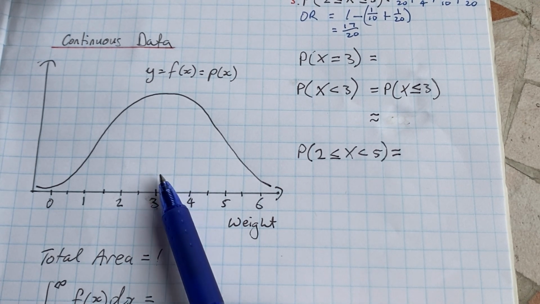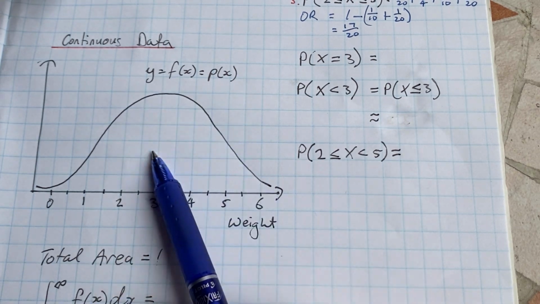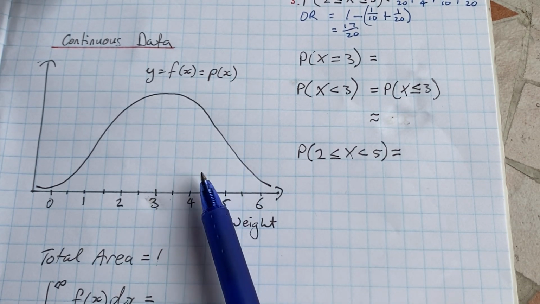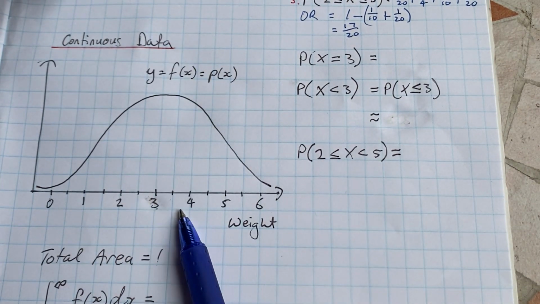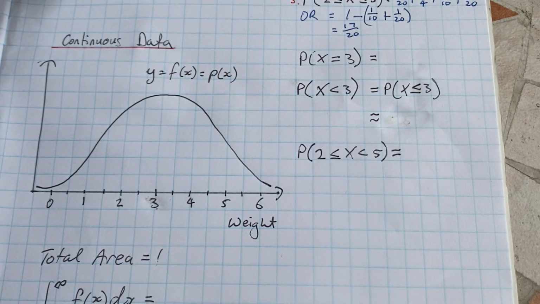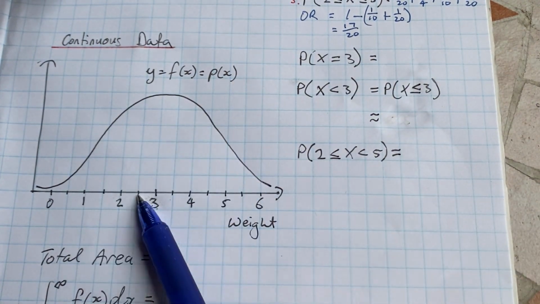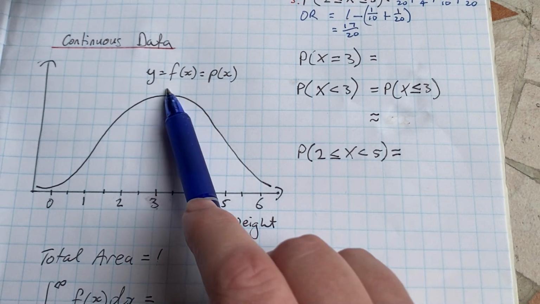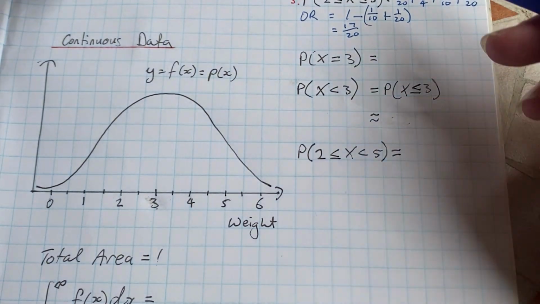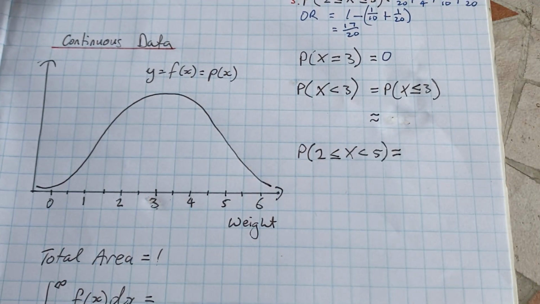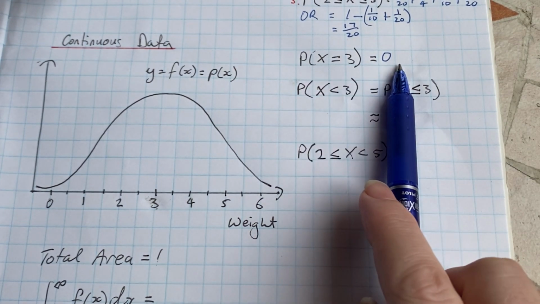The width of the column, if I was to do a histogram, would be 0. So 0 times 80 just equals 0. So the chance in this case that the probability equals exactly 3 equals 0. With continuous data, the probability that it's equal is just 0.